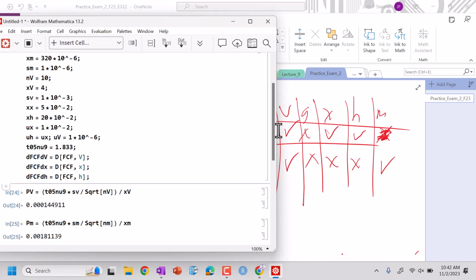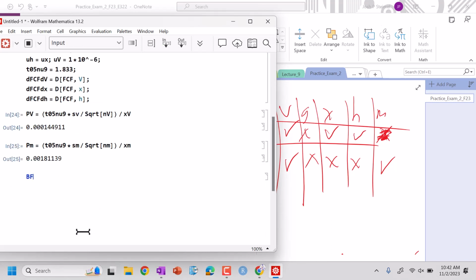My bias in FCF is going to be equal to the square root of dFCF/dV times uncertainty in V divided by FCF, squared. And we're going to add that plus the same terms for x and h.